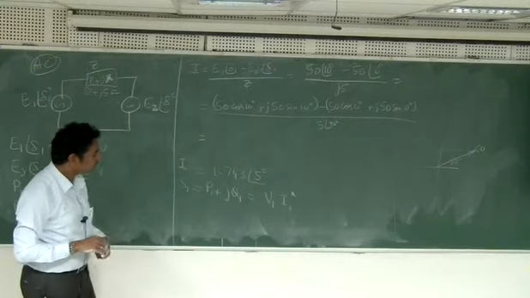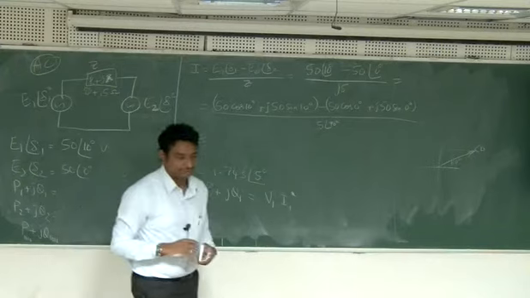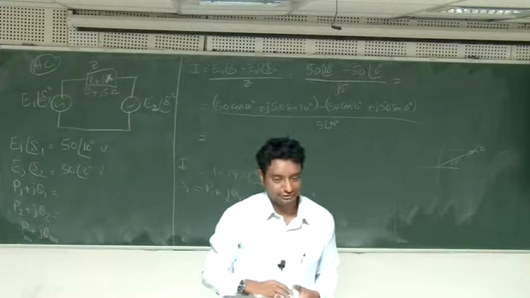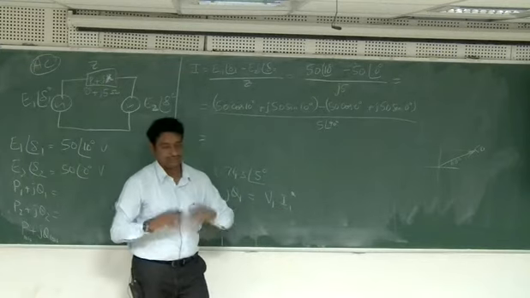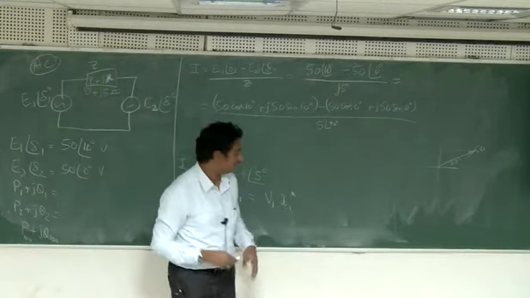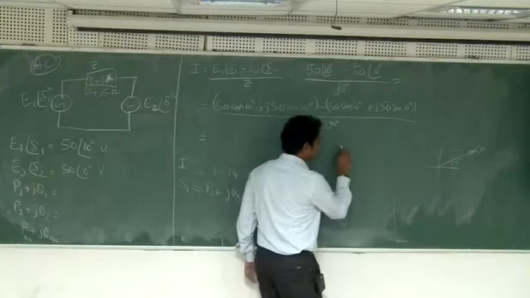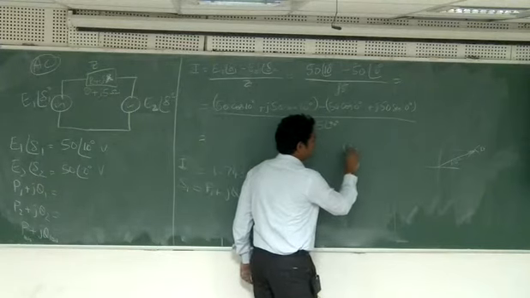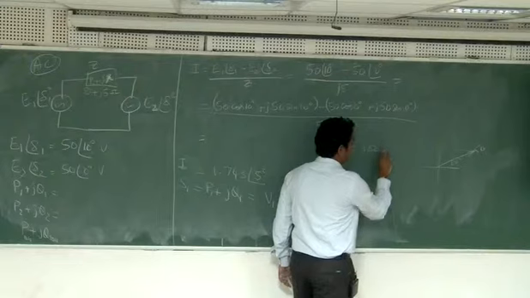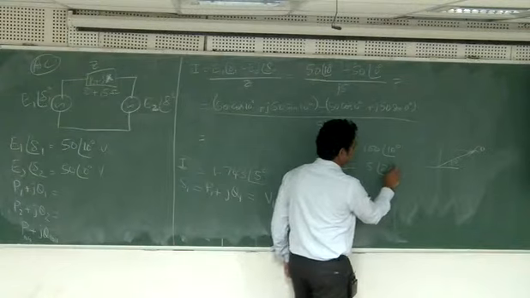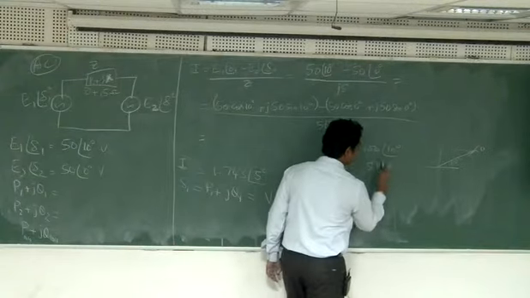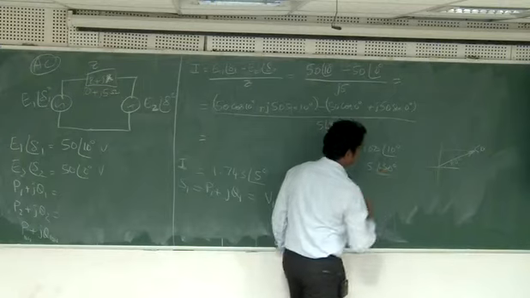So why do you have to do conjugate? If you multiply directly, it will add the angles. But let me give you an example. Let's say voltage is 100 angle 10 degrees and current is 5 angle 30 degrees.